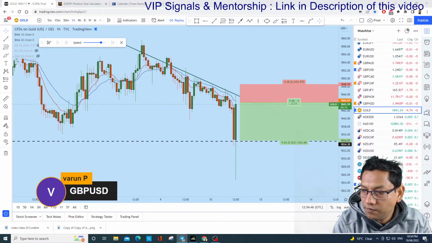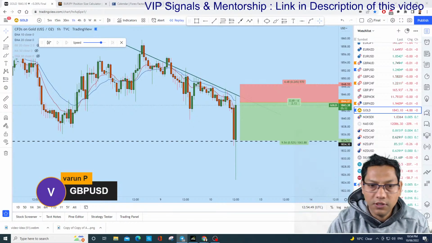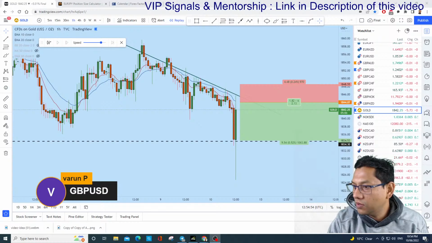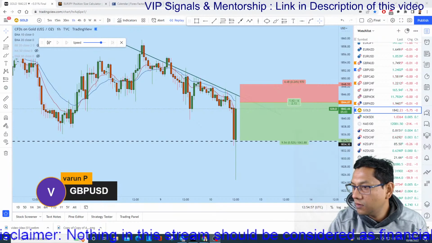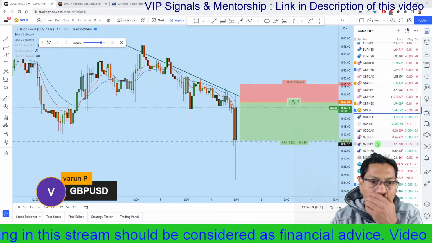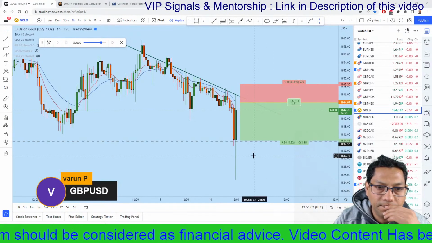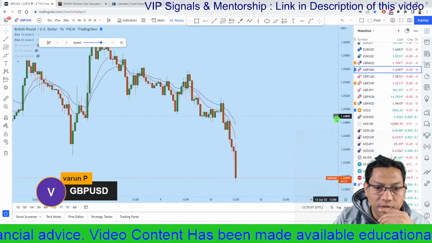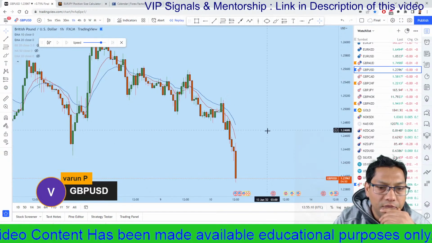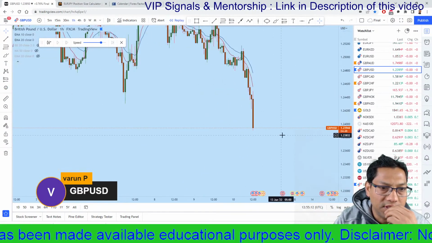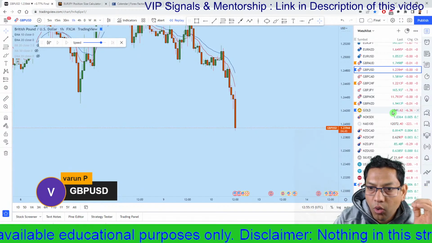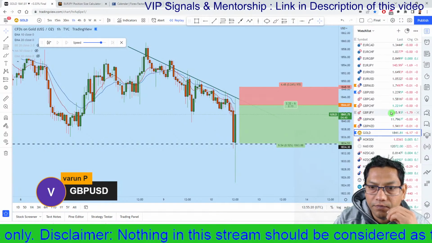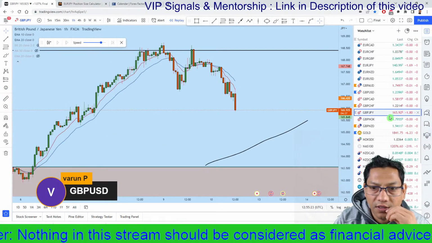So yeah, this is the gold situation, and I need to turn on something. Okay, gold, Gbpusd. We might find a short selling opportunity on Gbpusd, but gold and Gbpusd are basically the same thing, so we could keep that.